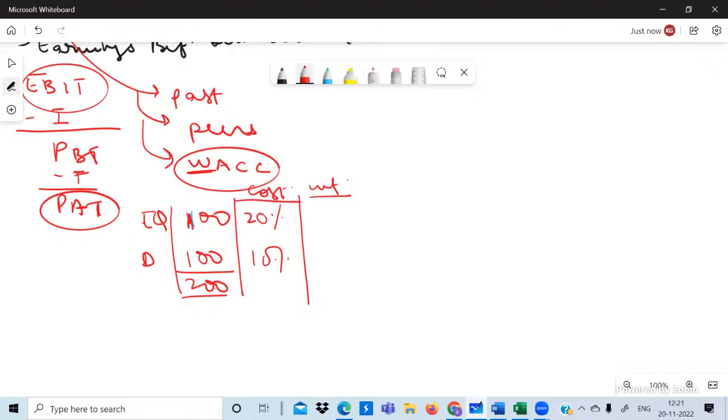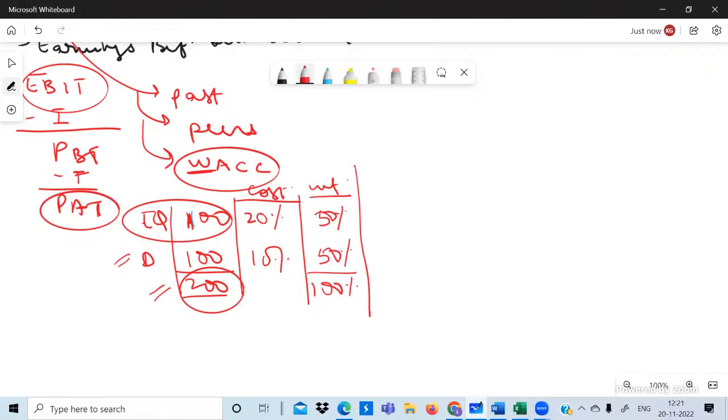Weight is nothing but the proportion of each source in the total capital employed. So equity is 100 out of 200, which means that is 50% weight. Similarly, debt is 100 out of 200, so again that's a weightage of 50%. Put together, the total of the weights should be 100%.